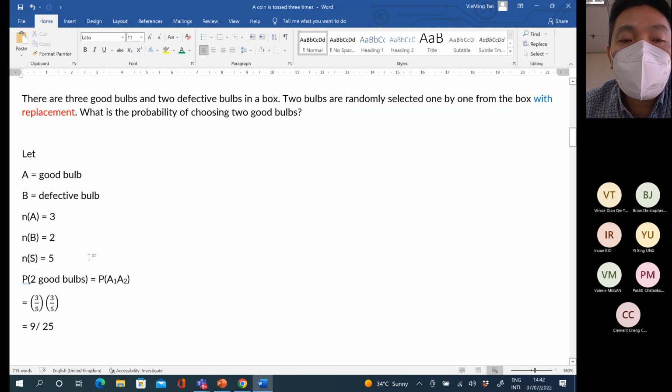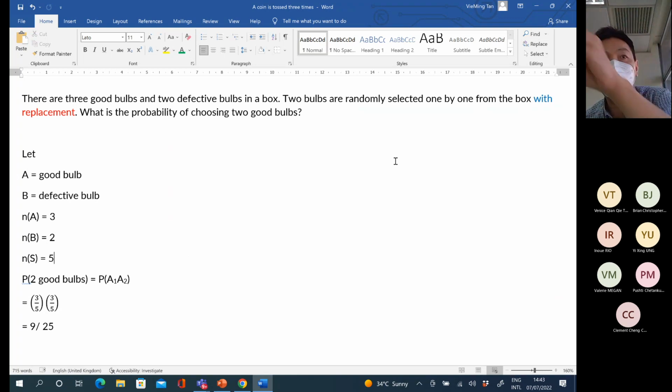Now we can answer the question. 2 bugs are randomly selected one by one from the box with replacement. What is the meaning of this sentence, with replacement? Very important. After choosing the first bug, you jot down the condition of the bug, but this bug has to be returned to the box.